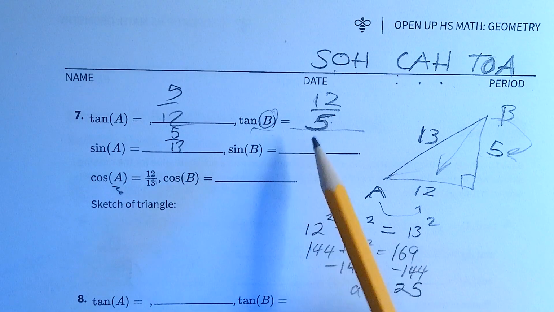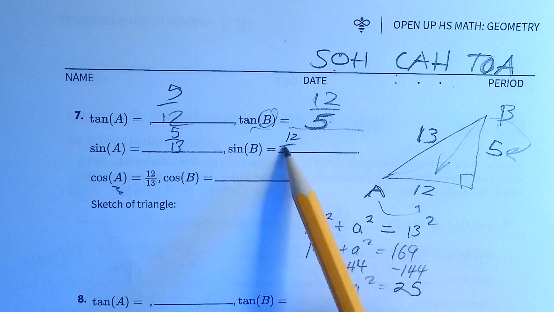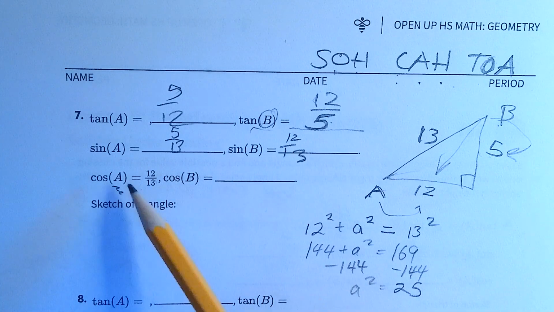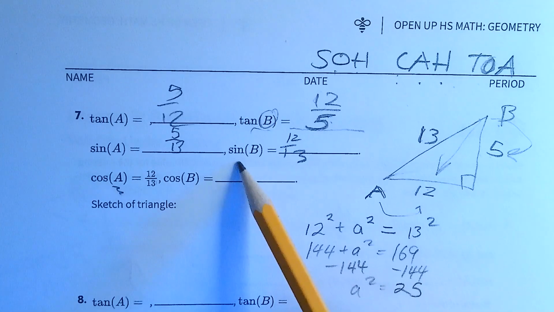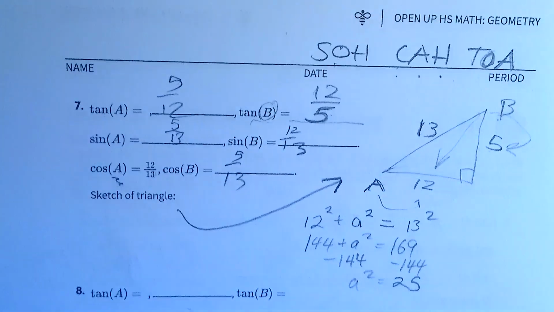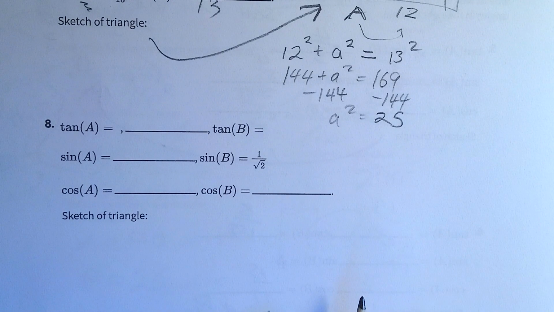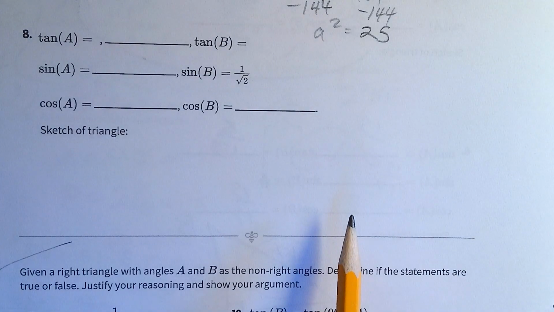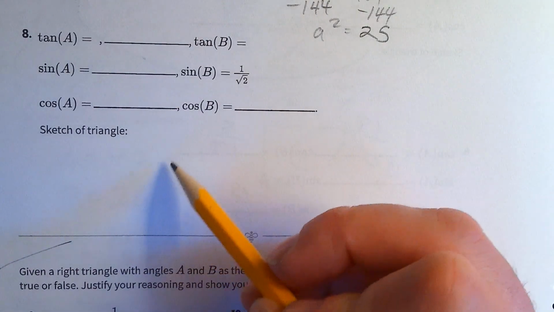Sine of B, 12 over 13. Cosine A is 12 over 13, and this one is 5 over 13. All right, a funky one. What the heck?